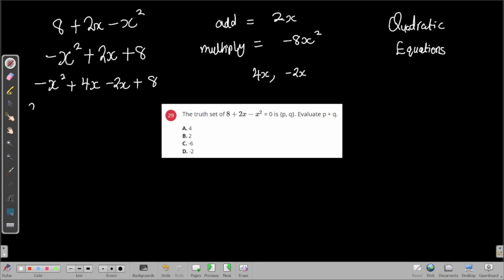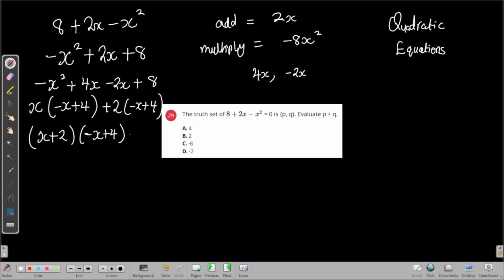So minus x plus 4 into bracket, x plus 2 into bracket. Oh, don't forget your equal to 0. So x plus 2 is equal to 0, or minus x plus 4 is equal to 0. x is equal to minus 2, or x is equal to 4.